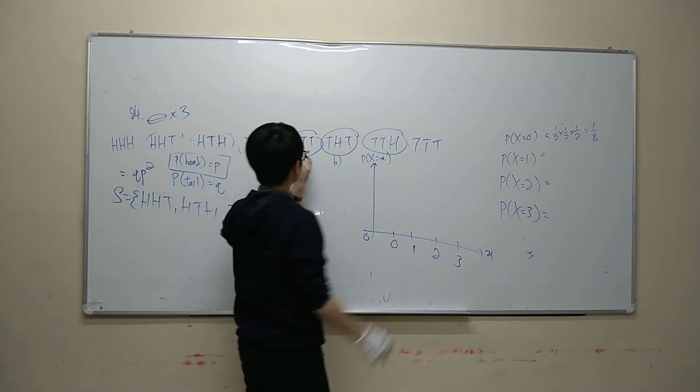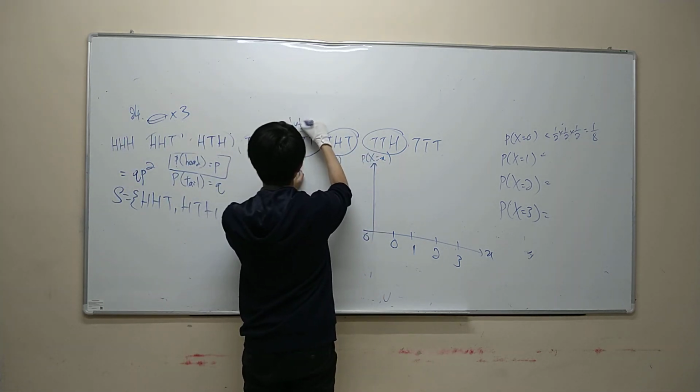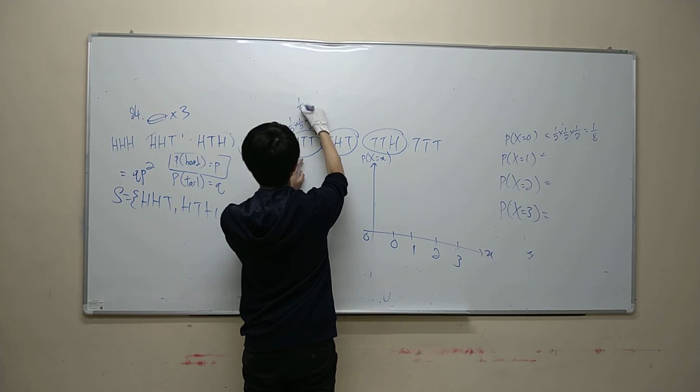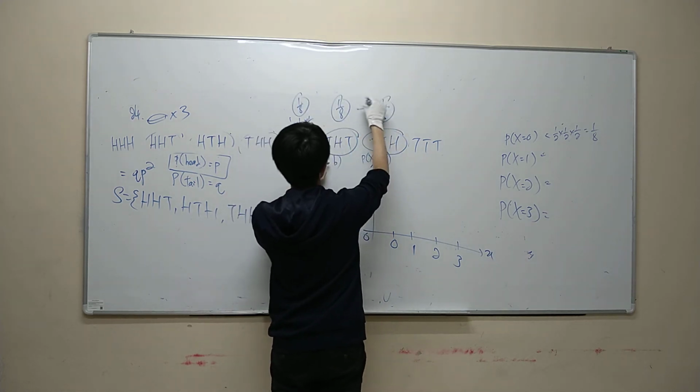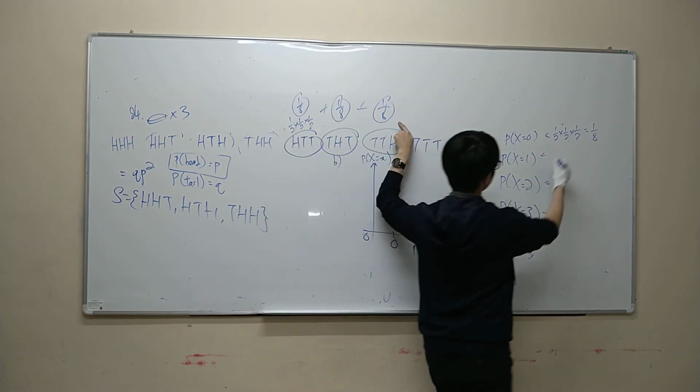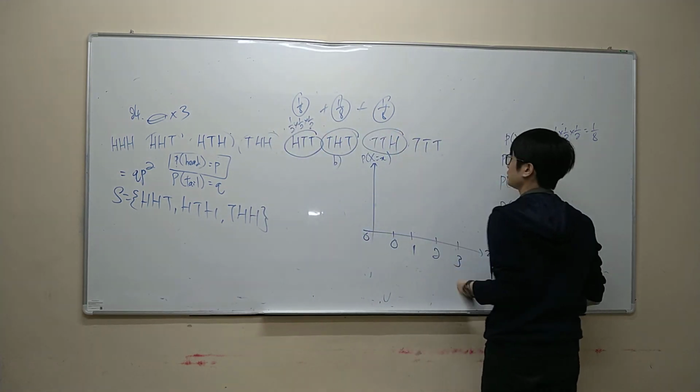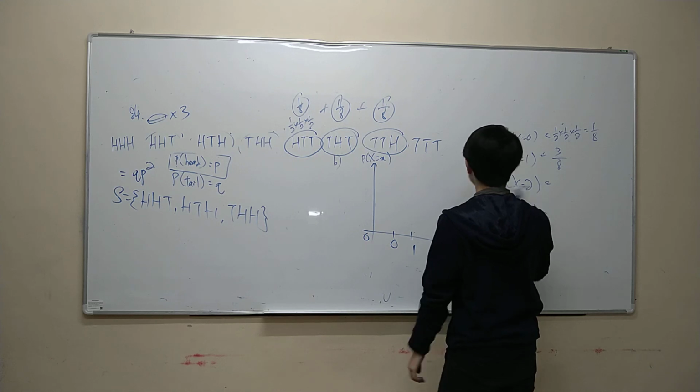This one cannot, this one cannot. This one can, this one can, and this one can, because each has one head. This one cannot because it has 2 heads, and this one cannot because it has 3 heads. So each is 1 over 2 times 1 over 2 times 1 over 2, which is 1 over 8. Here you get 1 over 8 also, and here also 1 over 8. Then you add: 1 over 8 plus 1 over 8 plus 1 over 8, which is 3 over 8. That's how you do it.